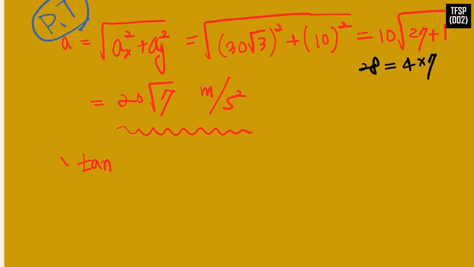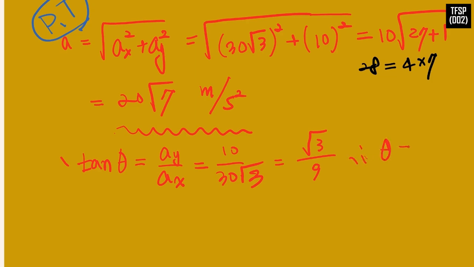Tangent theta equals ay over ax equals 10 over 30 square root of 3 equals square root of 3 over 9. Therefore, theta is approximately equal to 10.9 degrees.